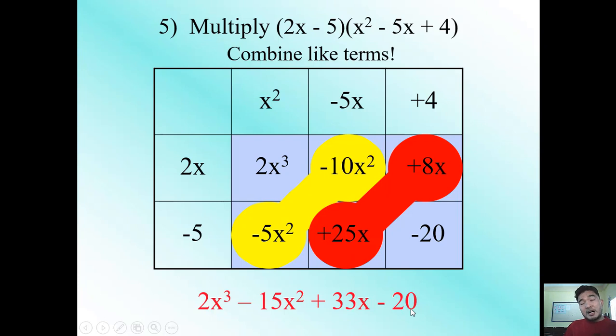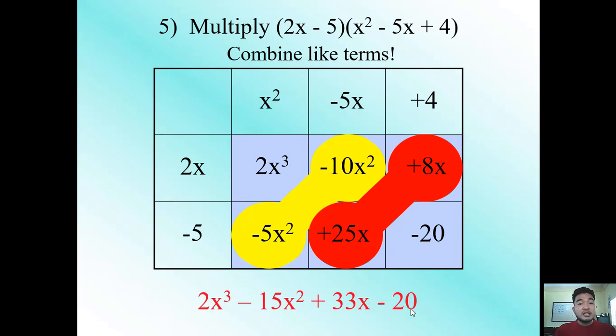And there we go. No matter what method you use in multiplying polynomials, you will still arrive at the same answer. Kanina nung ginamit natin yung distributive property, our product is 2x cubed minus 15x squared plus 33x minus 20.